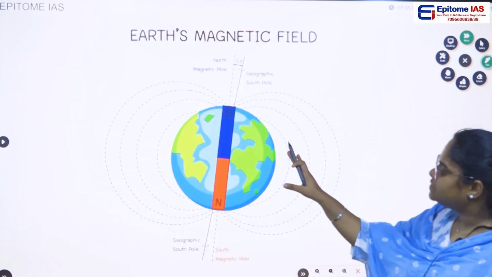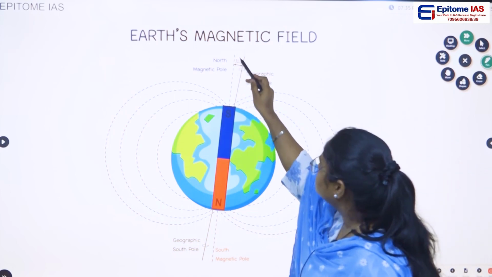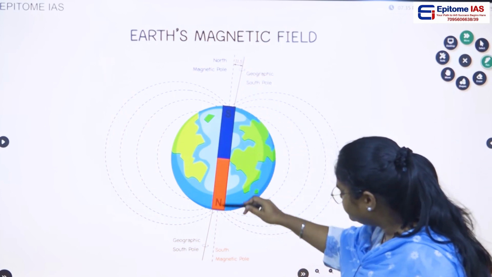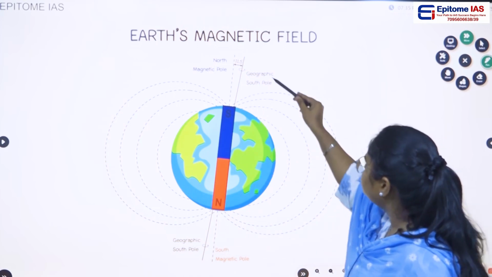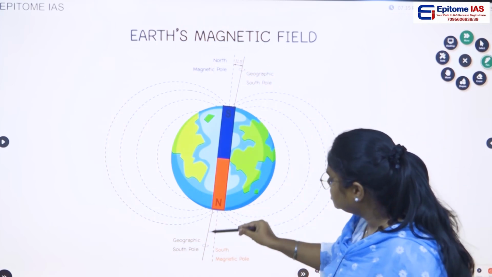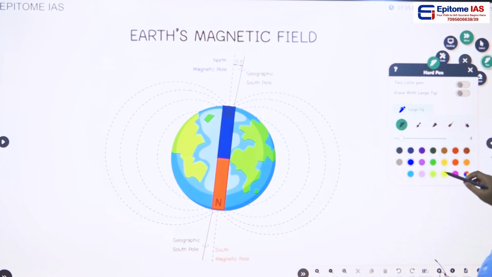So if you see here, you can clearly understand what the magnetic pole is. The dotted line is the magnetic pole, and the other line is the geographic pole. For your understanding, let me make it in a different color.